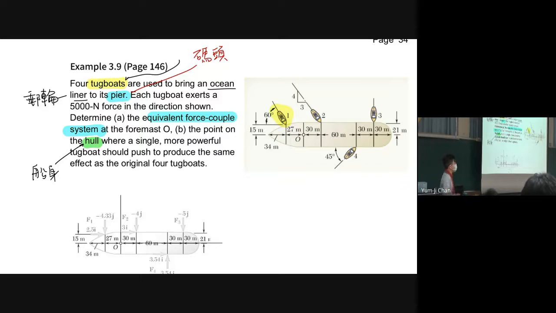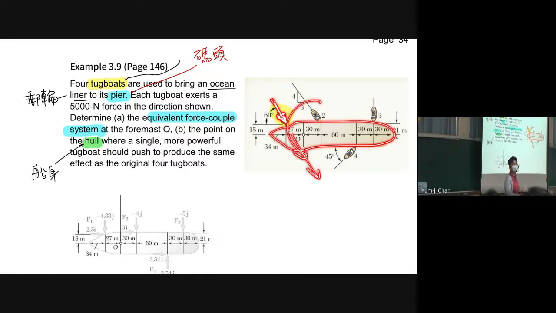Now we have four smaller ships pushing 5,000 Newton forces in different directions to the bigger ship. If this tugboat pushes on this ocean liner, it will make it turn this way, right?